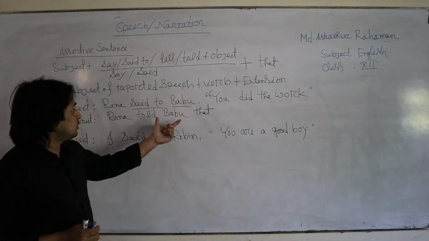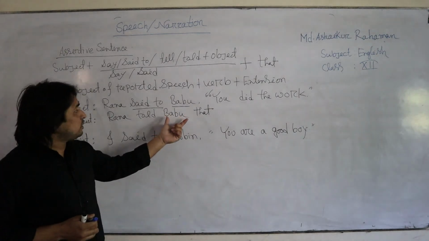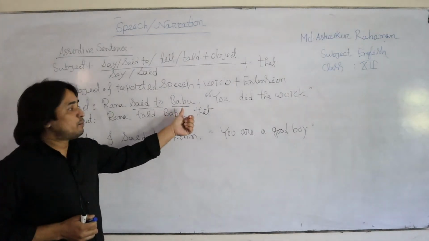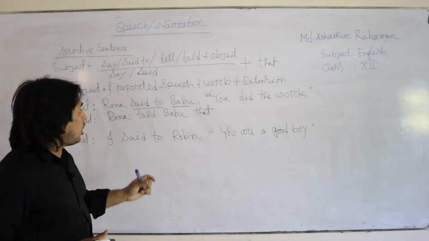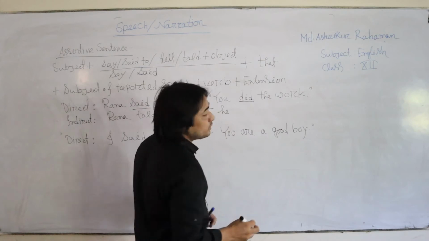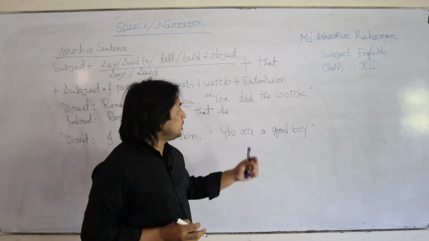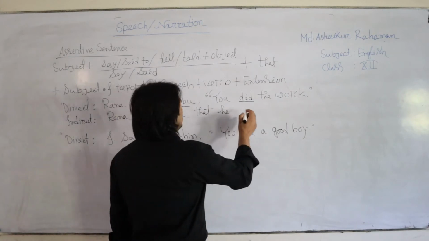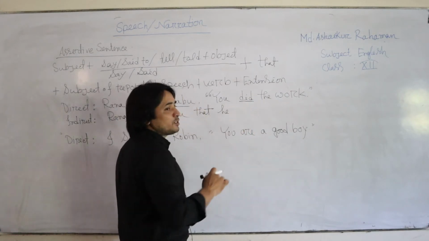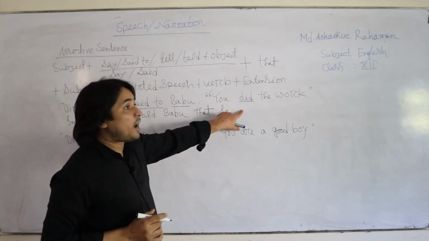As we have mentioned Babu by name, we should not use the noun again. Instead of Babu, we must use a pronoun, that is he. And it is undoubtedly in past indefinite, as we see here, did the work. Then it must be changed into past perfect.